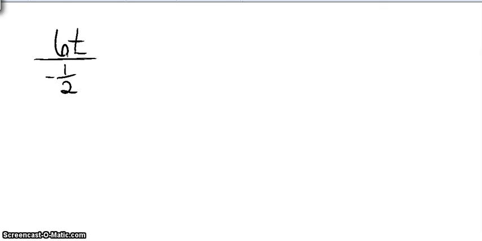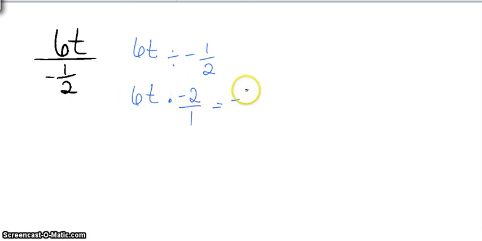Now we have a variable. I have 6t divided by -1/2. Multiply by the reciprocal. So I have 6t times -2. If I want to go ahead and put it over 1, I can. Numerator times numerator gives me -12t, and 1 times 1 is just 1.